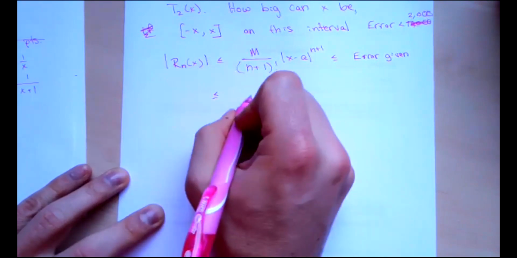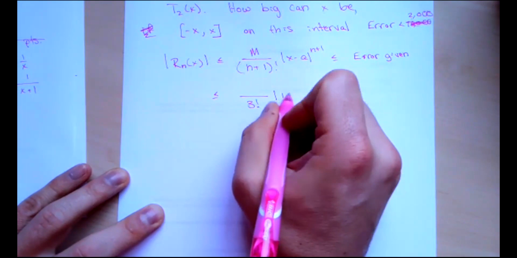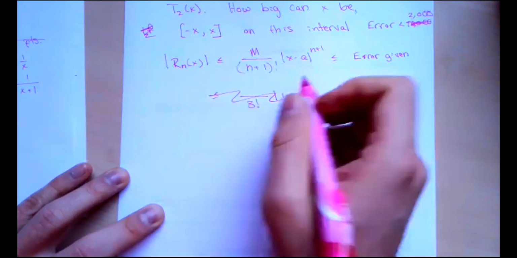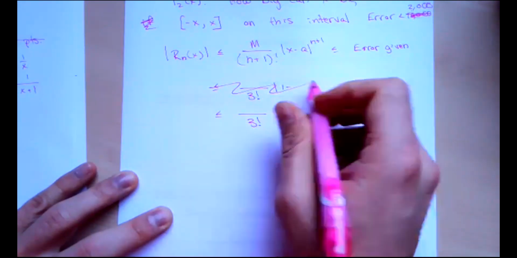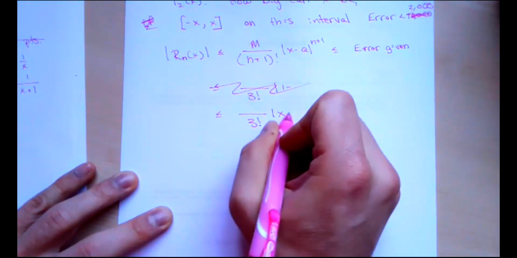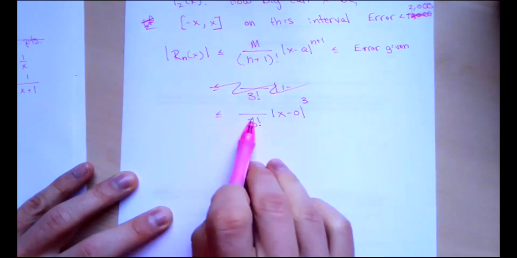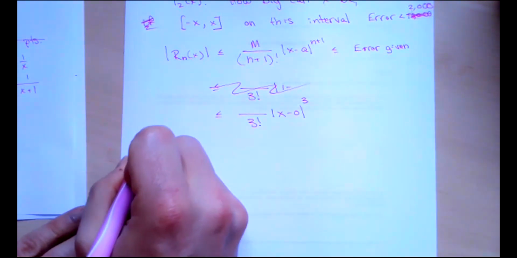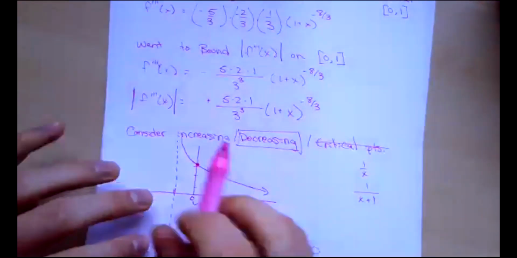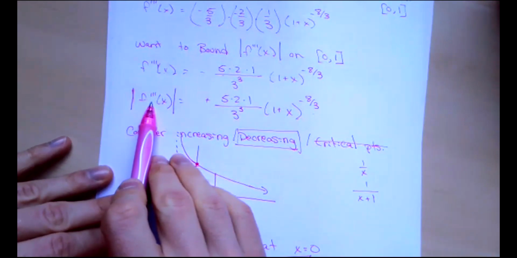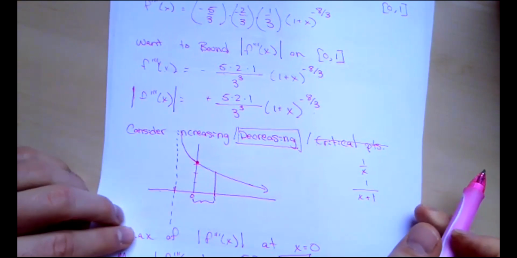So since our n was 2, sorry, I messed that up. We don't know x. We get an x minus our a, which was 0. And what was our m? Since n equals 2, we found the m by taking a third derivative, and then we want to bound it by our x.